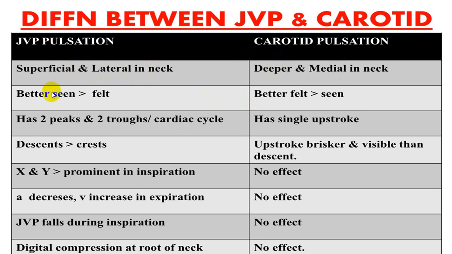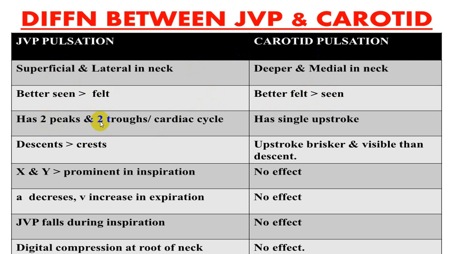JVP will be better seen rather than felt. If you try to feel for the JVP pulse, it will not be felt. You can see two waves, while the carotid is better felt and is a sharp single pulse. JVP has two peaks, the A wave and the V wave, in the cardiac cycle.